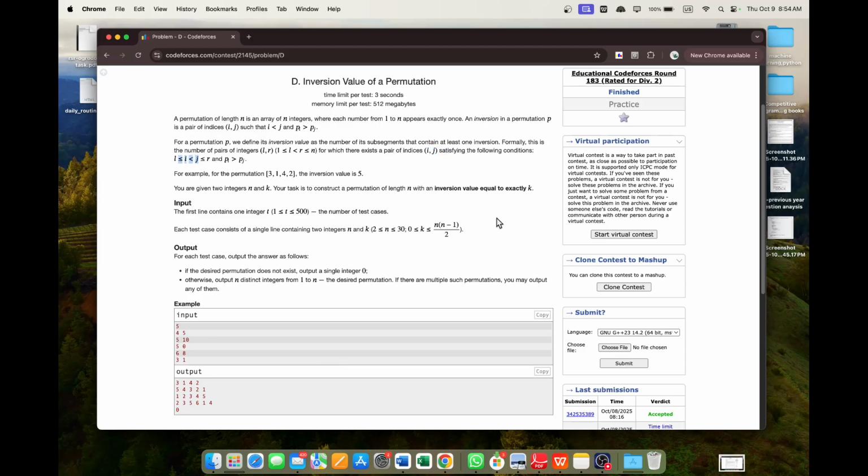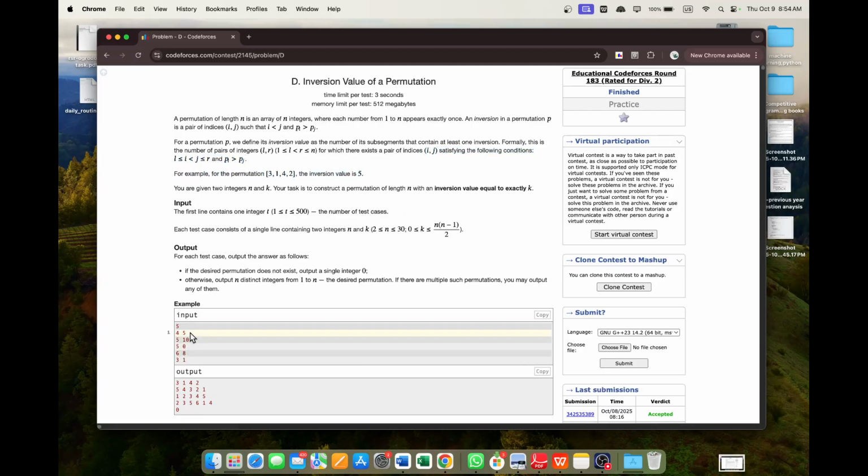That means you have a larger element on the left and a smaller element on the right. You are given the number of subarrays where at least one such case exists, and that is k.